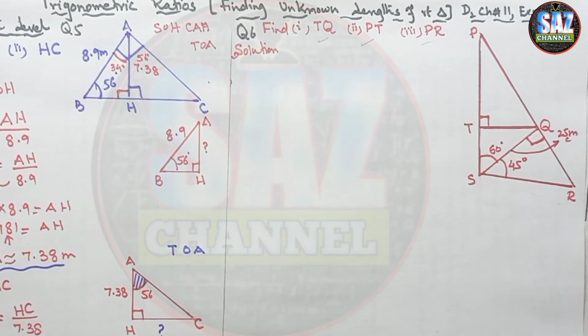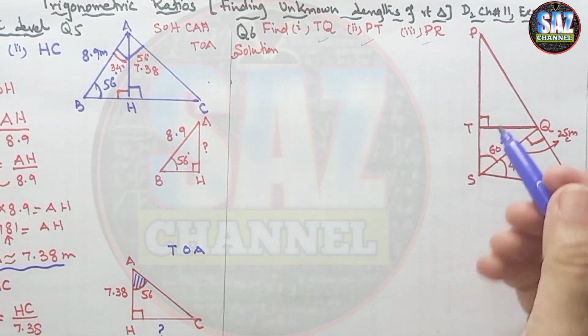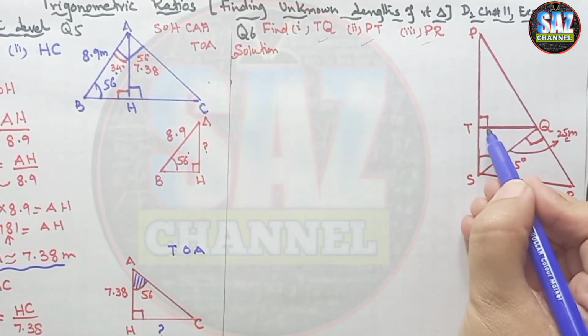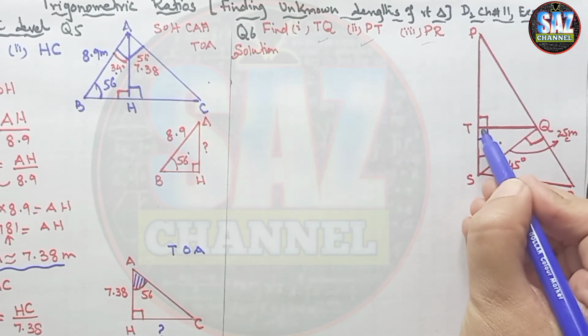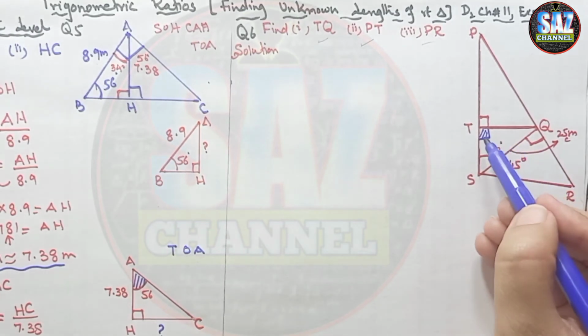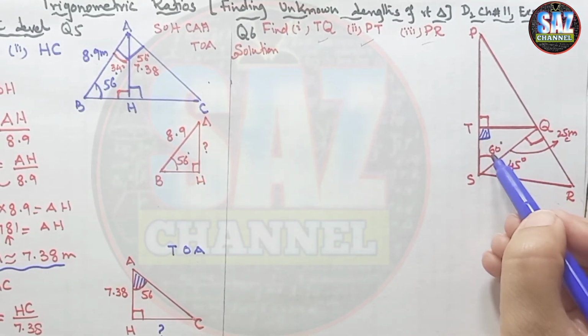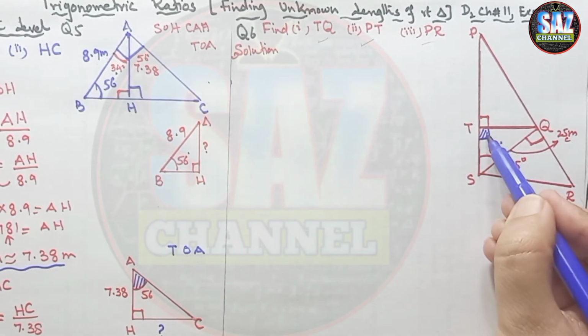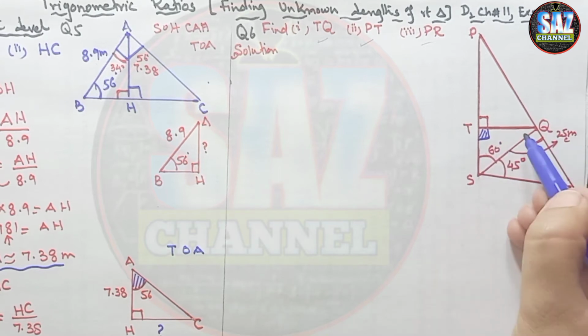Now look, if this is a 90 degree angle, and the second is 60 degrees, 90 plus 60 is 150.